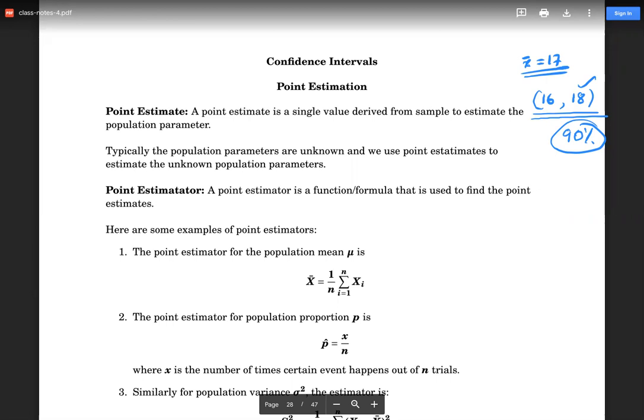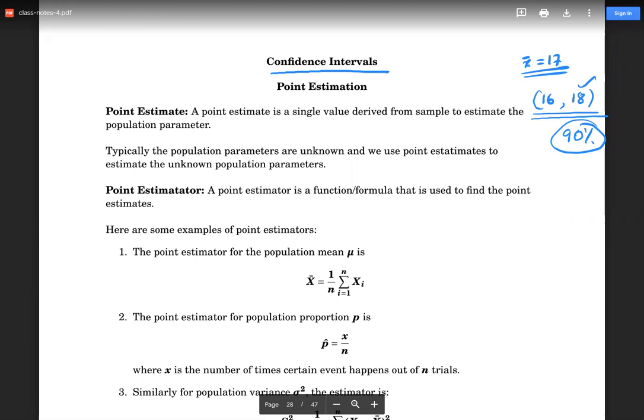And what I just told you with this example is exactly what a confidence interval is all about.